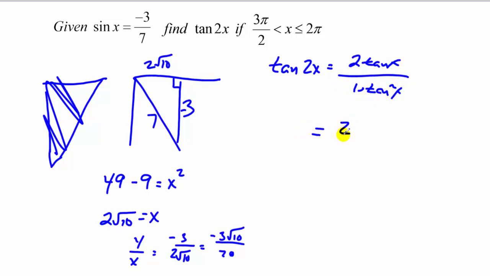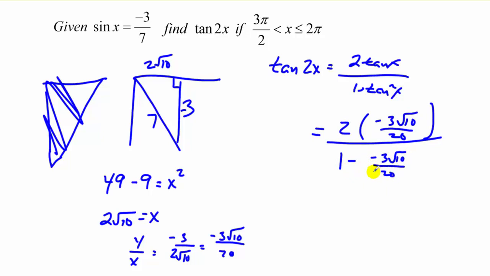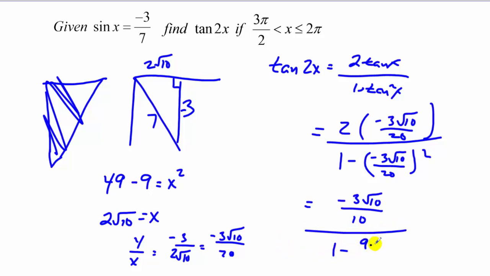So 2 tan x is equal to 2 times negative 3 root 10 over 20, over 1 minus negative 3 root 10 over 20, quantity squared. This gives me negative 3 root 10 over 10 over 1 minus 9 times 10 over 400. That's going to simplify a little bit.